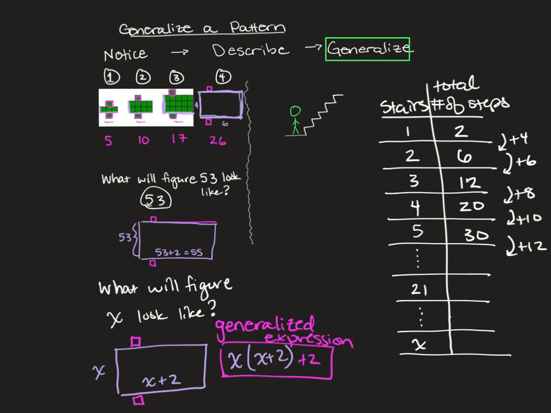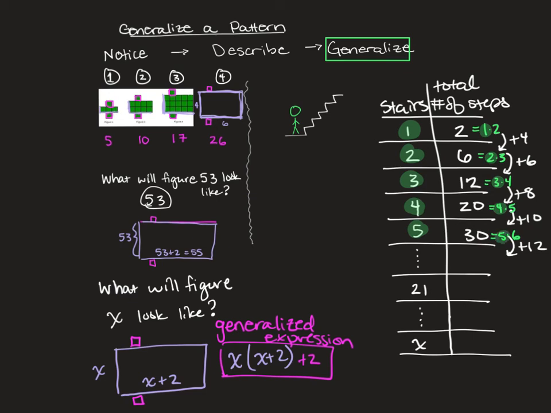And I had a brilliant, wonderful student in one of my classes notice that this number right here is 1 times 2, and this is 2 times 3, and this is 3 times 4, 4 times 5, 5 times 6. And this way, notice they're starting to see 1, 1, 2, 2, 3, 3, 4, 4, 5, 5.